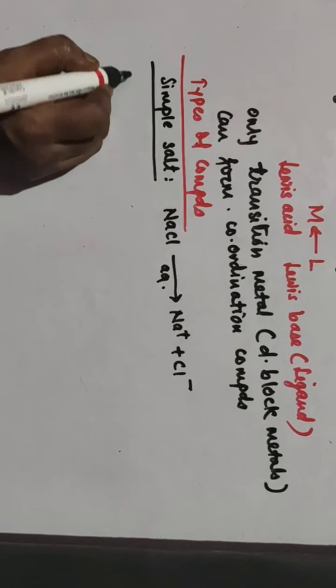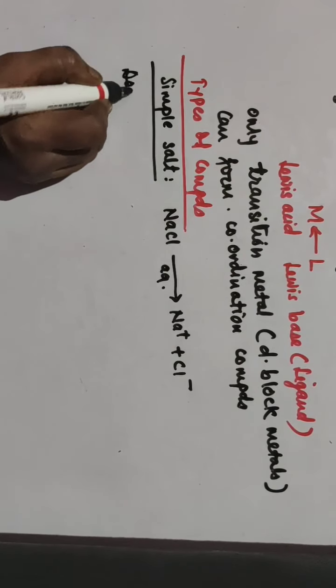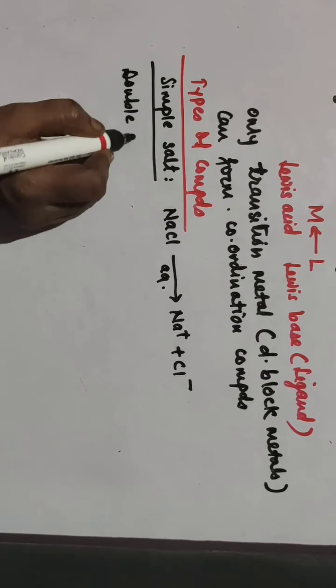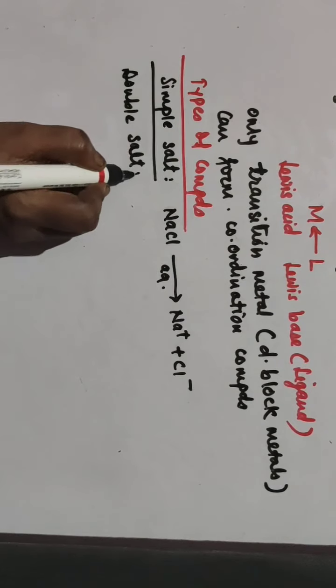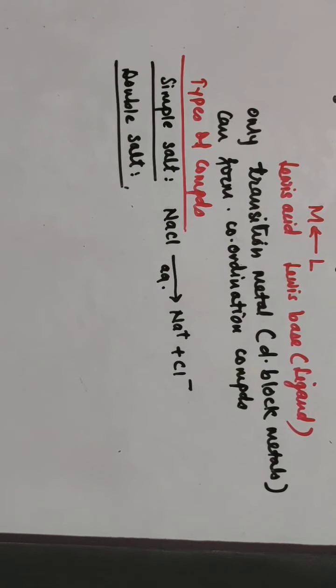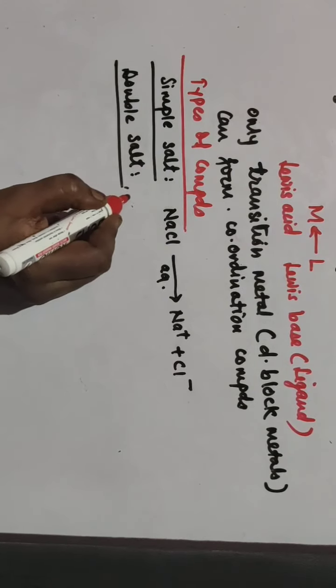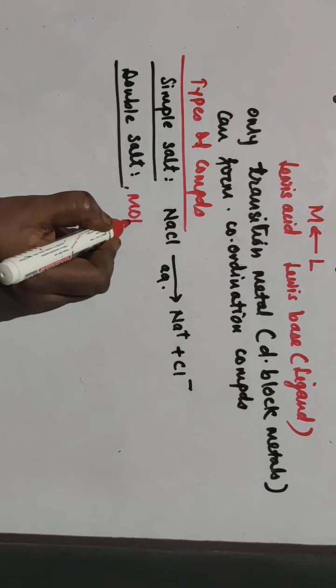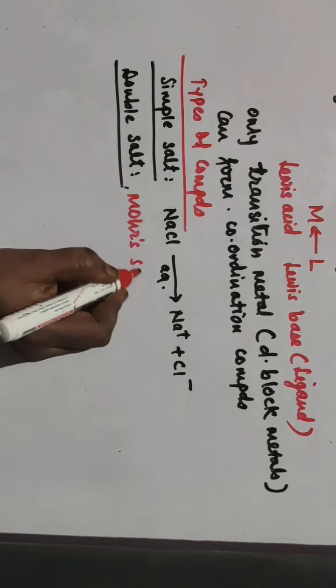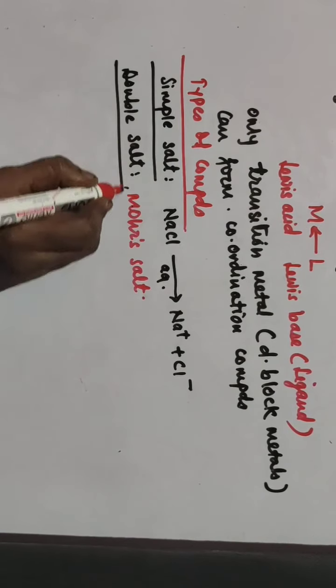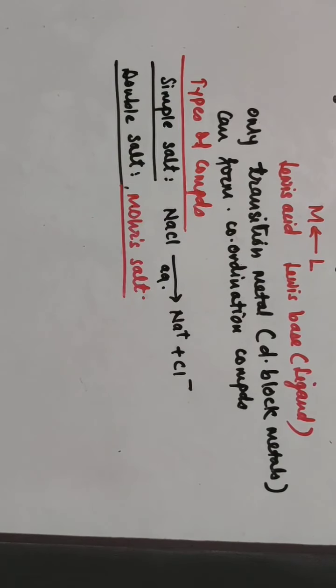Then the next one is a double salt. One more type is there, and that is a double salt. Here, for double salt, maybe for an MCQ, you can take the example of Mohr's salt. The question may come for MCQ, once again I am reminding. So what is the formula of Mohr's salt?